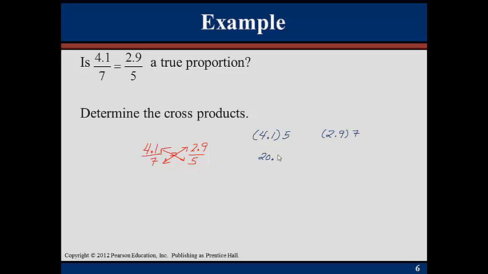So this should give us 20.5, and then 2.9 times 7 gives us 20.3. Are these numbers equal? They are not equal. Therefore, is this a true proportion? No. It is a false proportion.